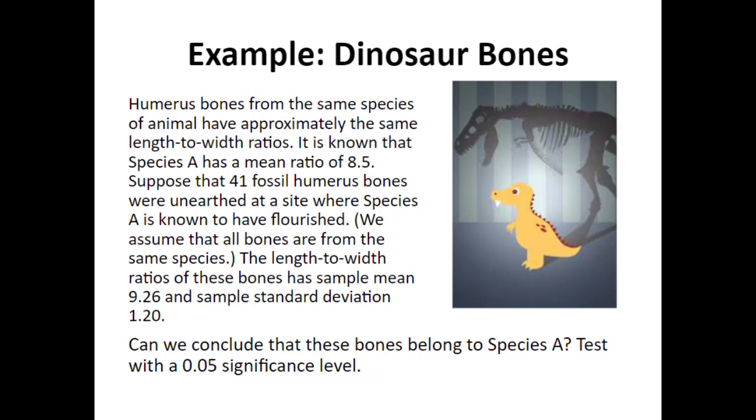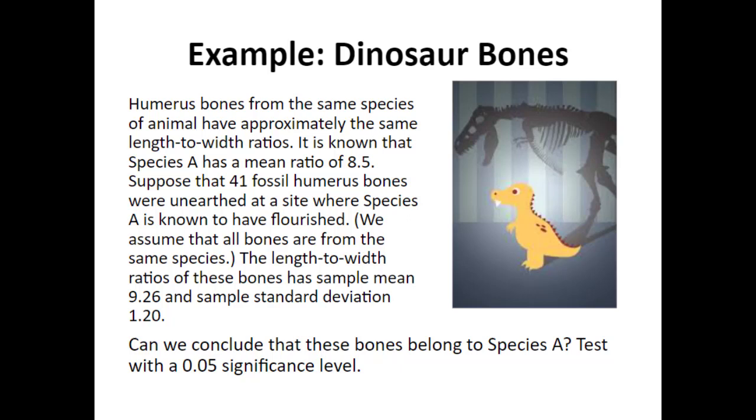So let's go back and reread the question. Humerus bones from the same species of animal have approximately the same length to width ratios. It is known that species A had a mean ratio of 8.5. Suppose that 41 fossil humerus bones were unearthed at a site where species A is known to have flourished.